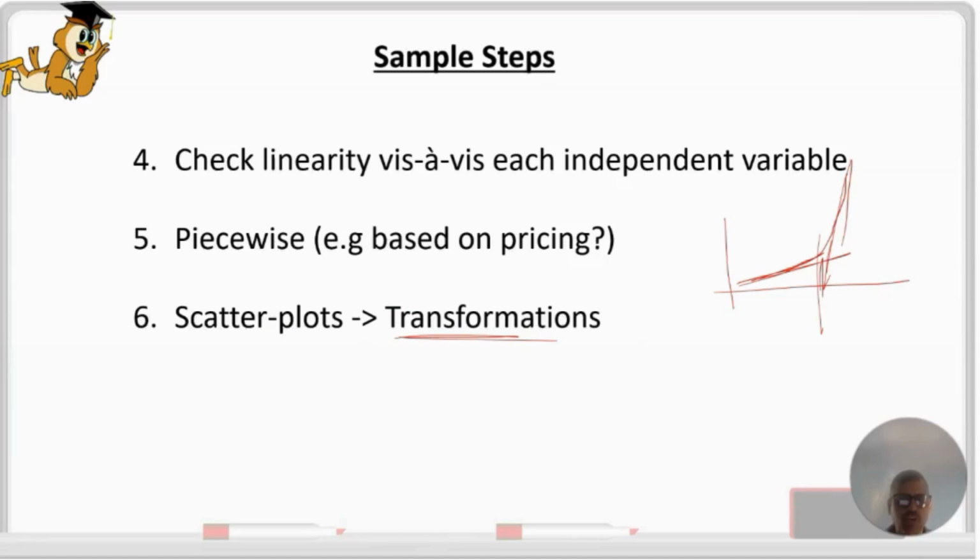And for item 5 and 6, the scatter plot would give you better insight than just taking the numerical Pearson coefficient. It's better to go with scatter plots if you want to consider doing piecewise, or if you want to consider transformations, because these plots give you a visual indication of what exactly is happening. Those would be my next steps.